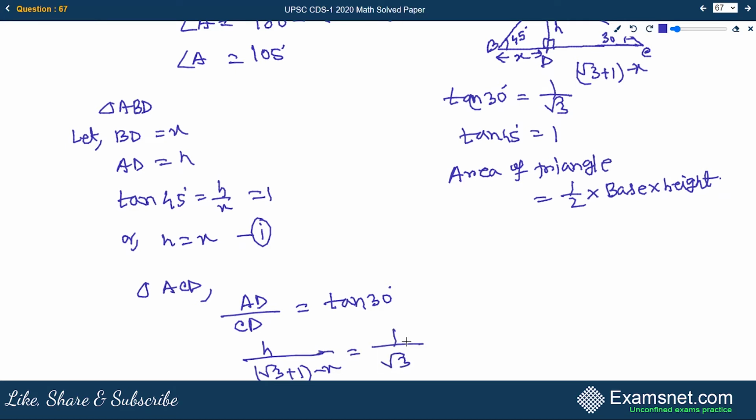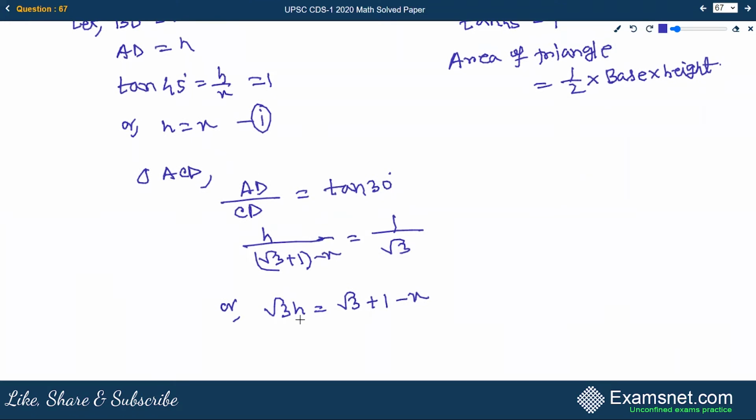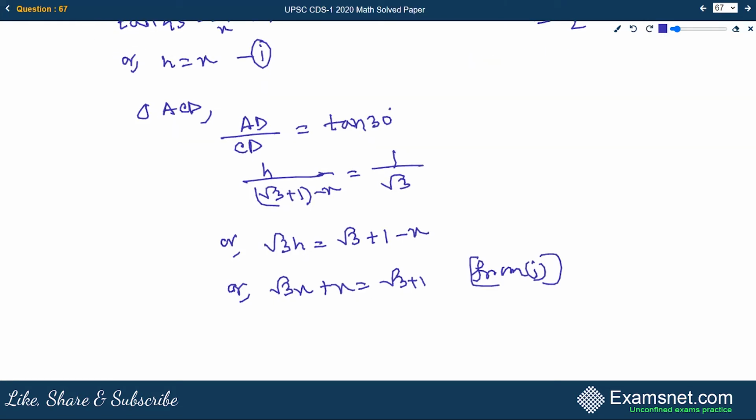So now we can write 1 by root 3 equals h by (root 3 plus 1 minus x). It will become root 3 h equals root 3 plus 1 minus x. Correct. Now from 1, I can put x in place of h. So it will become root 3 x plus x equals root 3 plus 1.